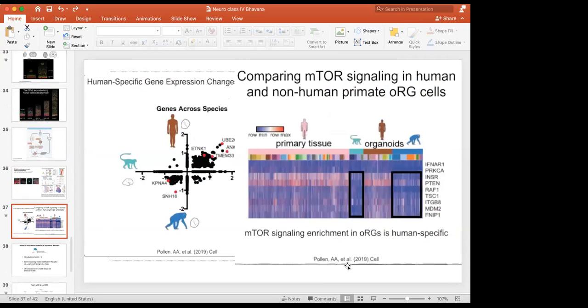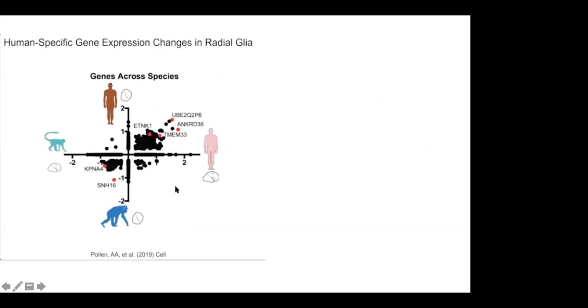Here I was telling you about one more study, asking, for instance, is there any human-specific gene expression? And indeed there is. This is a study from Arnold Kriegstein's lab, where they looked at primary fetal tissue, organoids, and fetal tissue from primates.